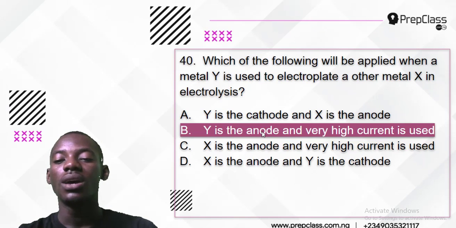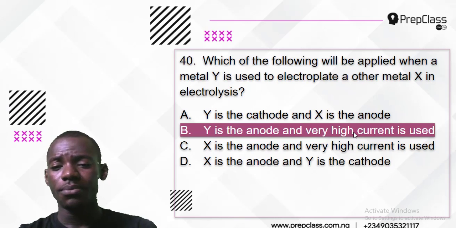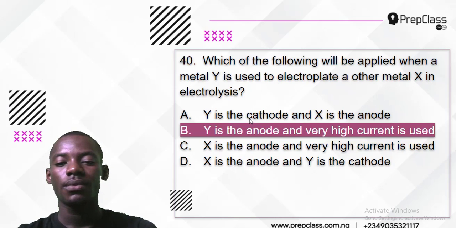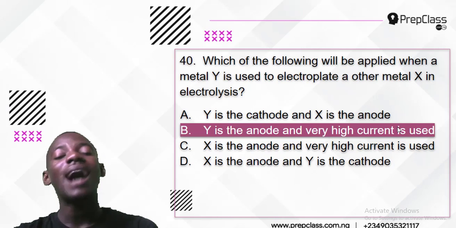Y is the anode and X is the cathode, and I think that is the answer. Although we don't have that in the options here, we have Y as the anode. That's true, but here we don't have Y as the anode together with X as the cathode, so all these ones are wrong. Y is the anode, and it happens at very high current, and that is also true.